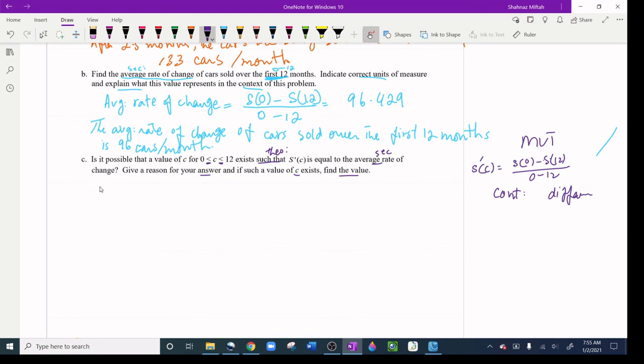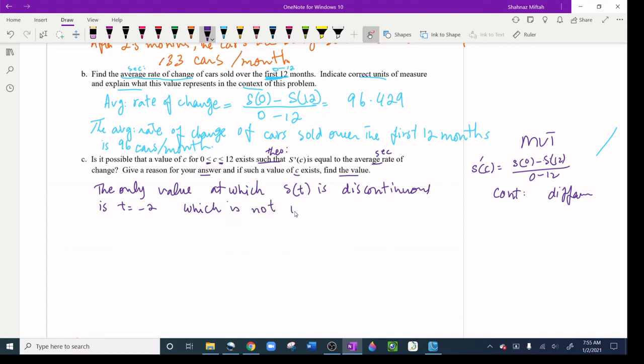So that's what I'm going to say: the only value at which s of t is discontinuous is t equal -2, which is not on 0 to 12. So the mean value theorem is applicable.